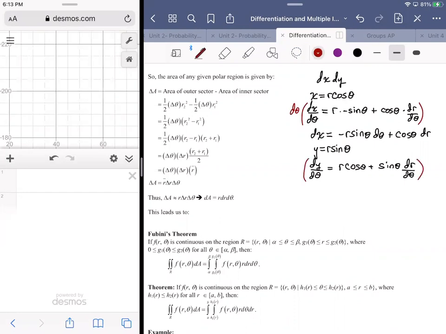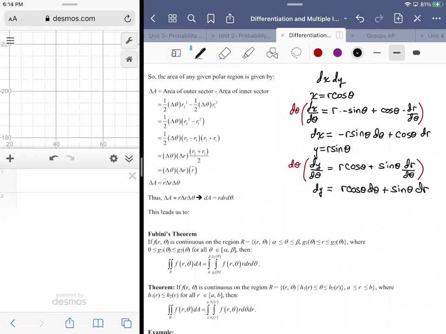Clean it up, clear out the d thetas by multiplying through. And we get dy is equal to r cosine theta d theta plus sine theta dr.